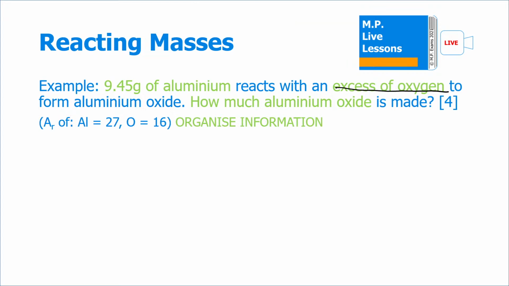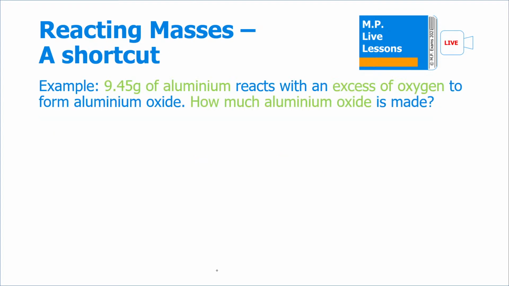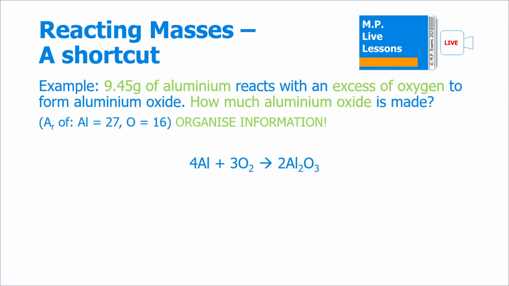First, we need to organize the information again. Here's the equation. Now we've got a little shortcut as well. I've rewritten the question. Now, what I do is write the mass of each reactant or product above it. So we have 9.45 grams. We can ignore oxygen because this is an excess.